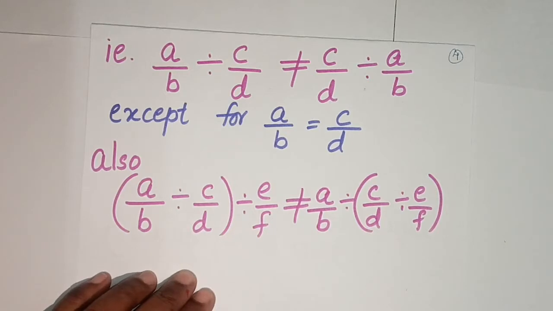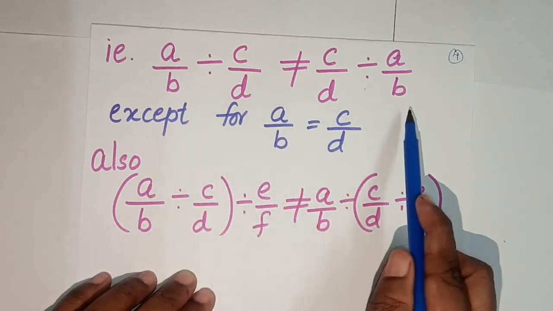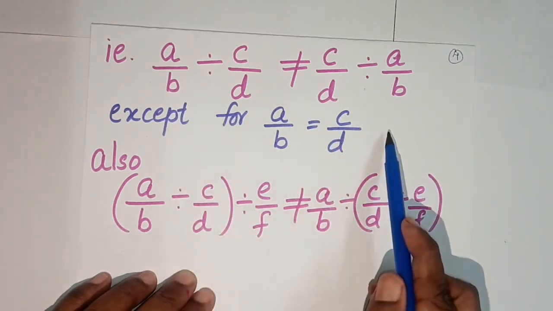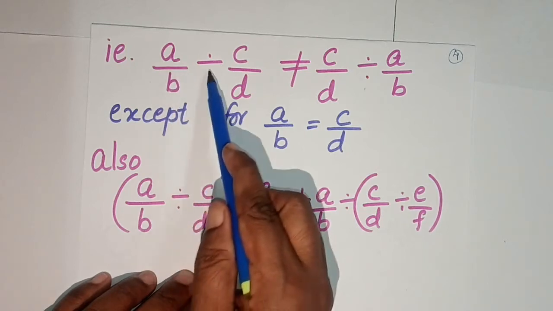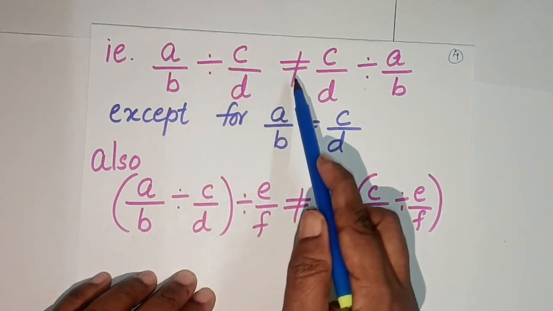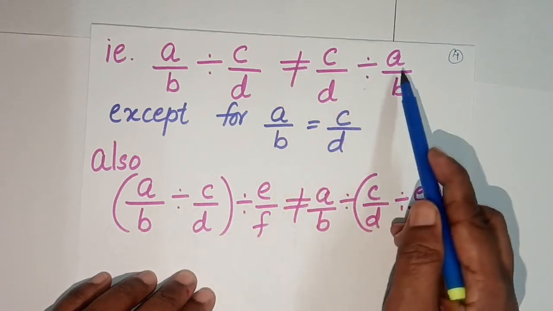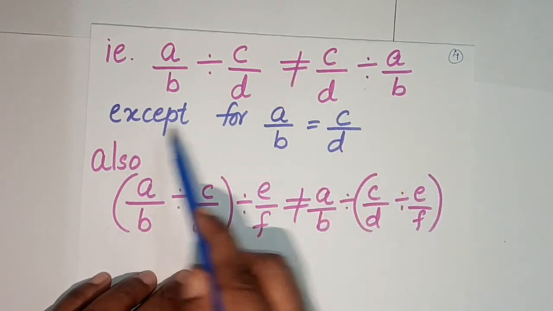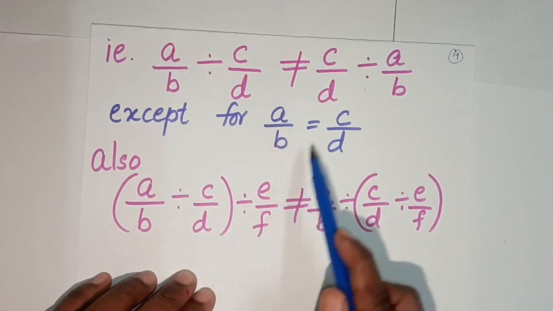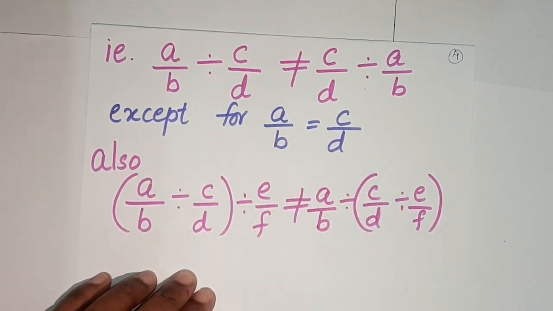When a rational number is divided by the same rational number, we get 1. So in that particular case it will be true. So a upon b divided by c upon d is not equal to c upon d divided by a upon b, except for a upon b equal to c upon d.